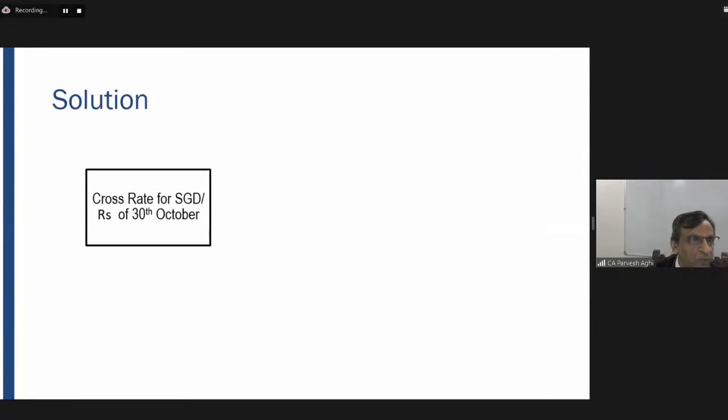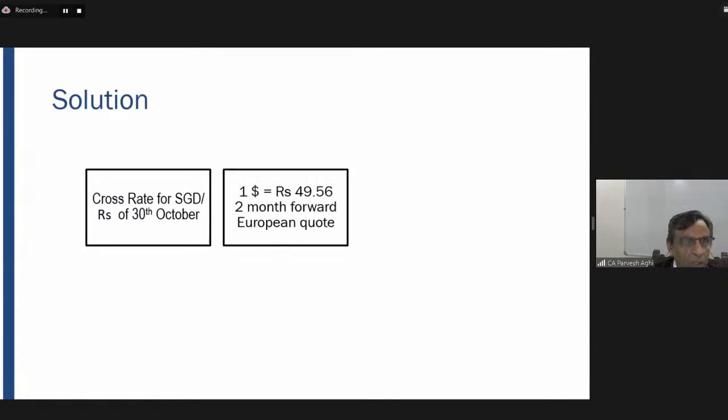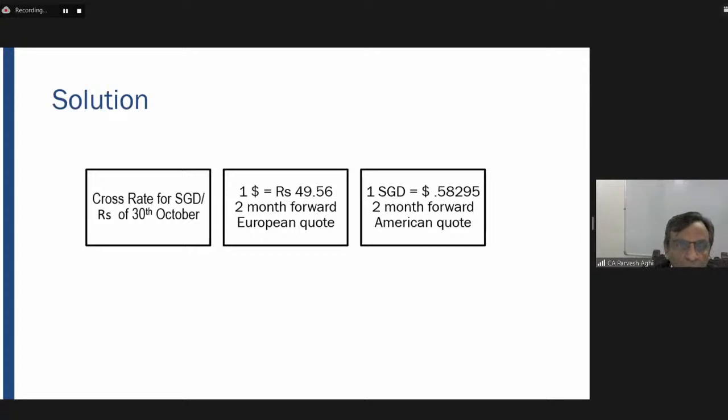So the cross rate for Singapore dollar rupee on 30th October: $1 is equal to 49.56, which we calculated as the 2 months forward rate and is a European quote, and 1 Singapore dollar is equal to $0.58295, which is a 2-month forward rate and is an American quote. Now, both the quotes are in order.